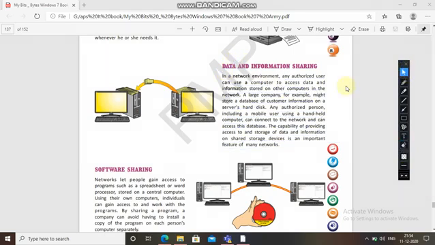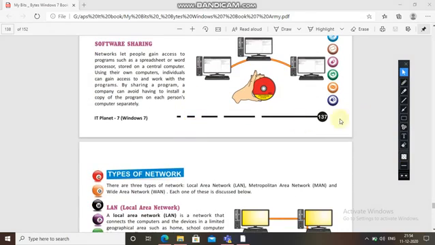Now next one is software sharing. Networks let people gain access to software programs such as a spreadsheet or Word processor stored on a central computer. Using their own computers, individuals can gain access to and work with the programs.